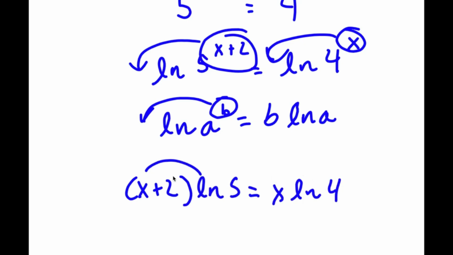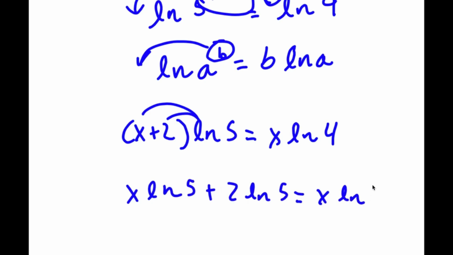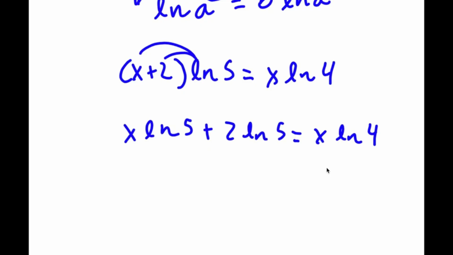Now if I distribute the x and the 2, I get x times ln 5 plus 2 times ln 5 is equal to x times ln 4. Now, I'm going to go ahead and subtract 2 ln 5 on both sides.